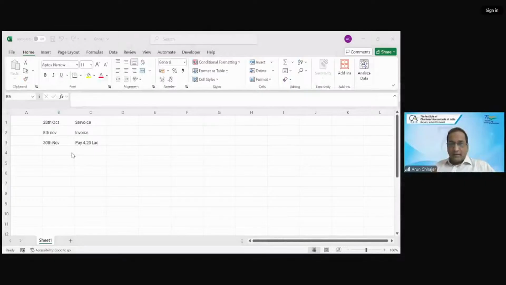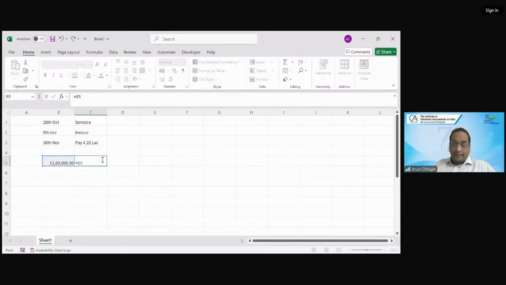The invoice was of rupees 11 lakh. Are you able to see my Excel sheet in which I am doing the calculation? Okay. So 11 lakh, and what is the rate of tax? 18%.